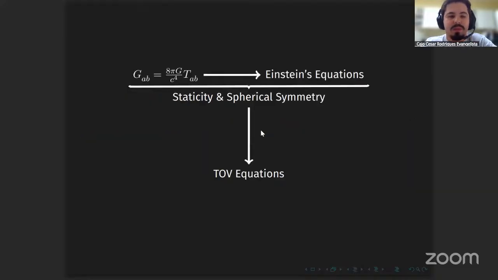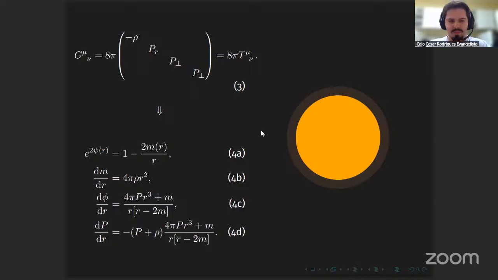And we know that in general relativity, we like to simplify some things, and sometimes we're interested in static and spherically symmetric solutions. That reduces the Einstein equations to the TOV equations, the Tolman-Oppenheimer-Volkoff equations, which is a pretty simple set of equations.